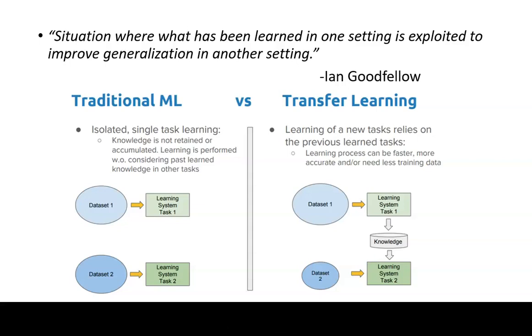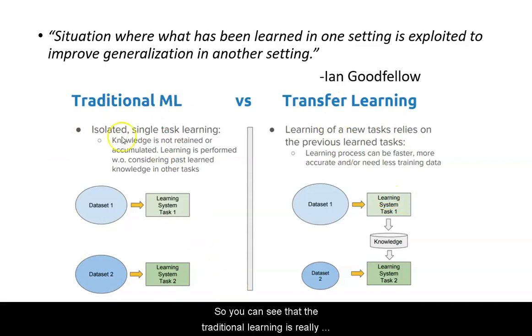So there is a huge difference between this traditional approach of building a machine learning model and using a methodology following the transfer learning principle. And that is well replicated in this figure you could see.